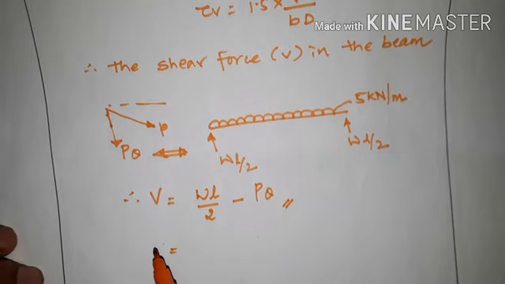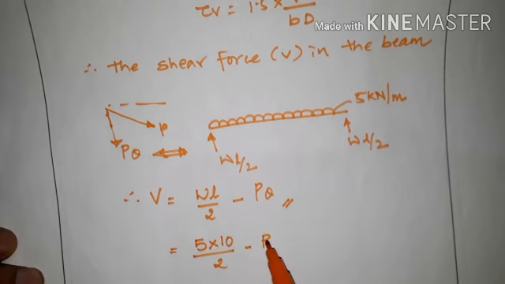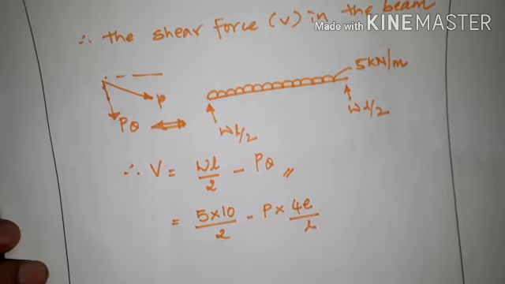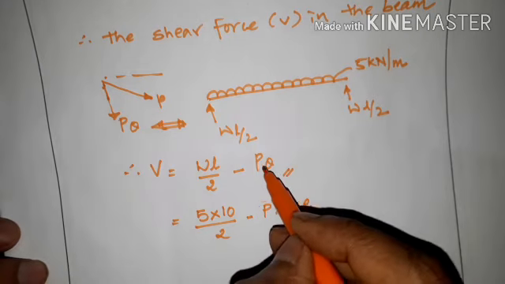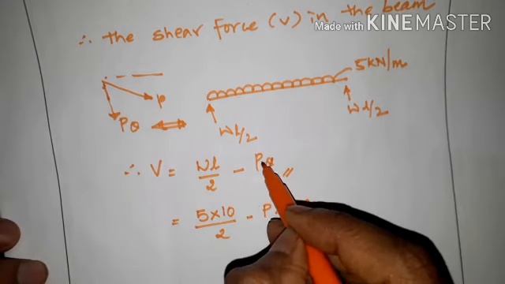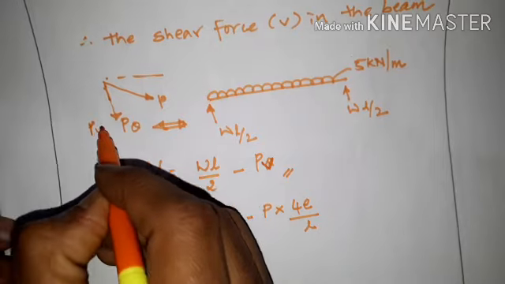Here, L is 10 meter, W is 5, so WL by 2, minus P into theta, where theta is 4E by L. This is nothing but PV.